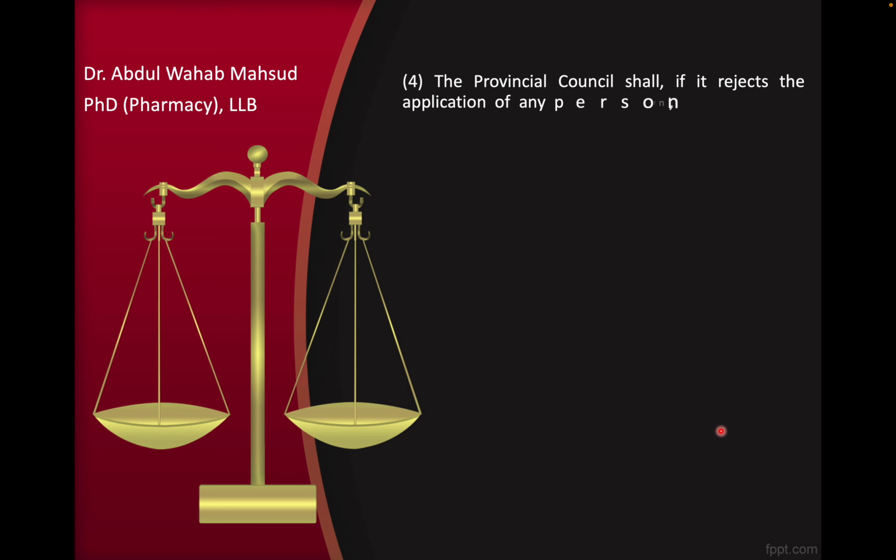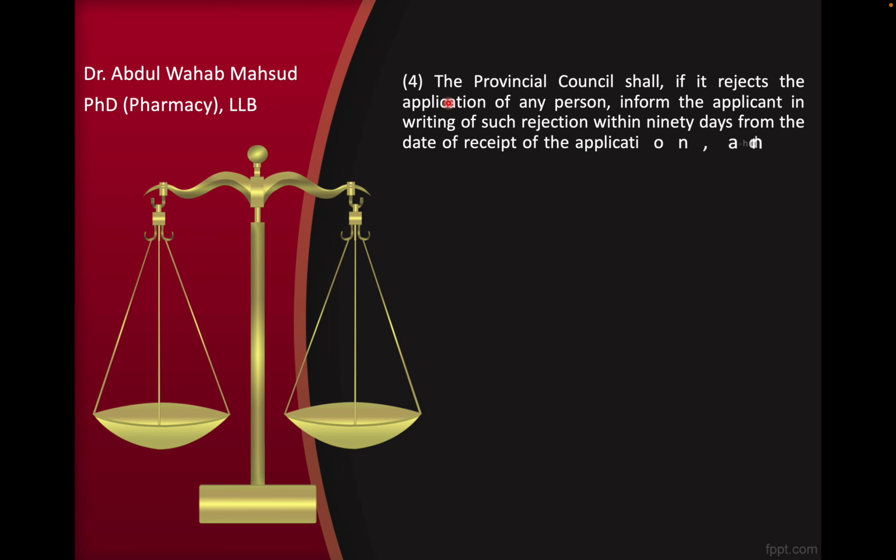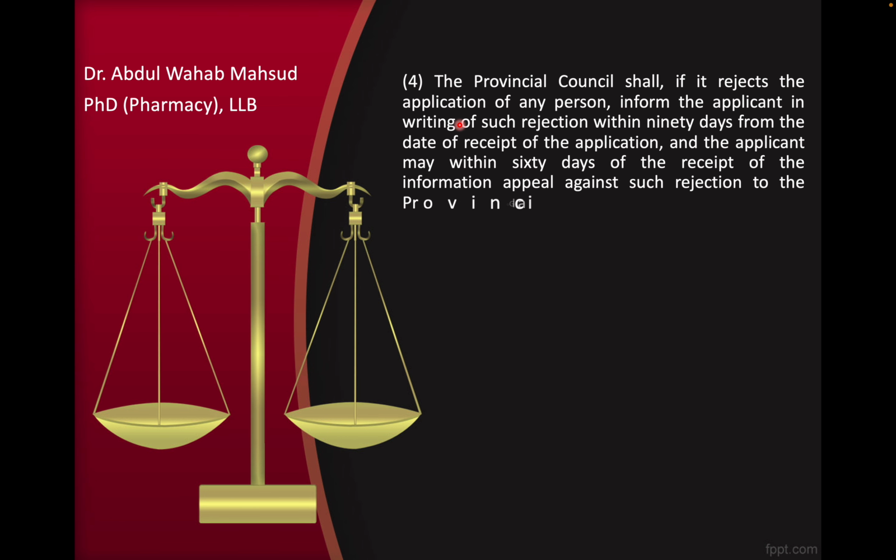Subsection number 4. The provincial council shall, if it rejects the application of any person, inform the applicant in writing of such rejection within 90 days from the date of receipt of the application, and the applicant may within 60 days of the receipt of the information appeal against such rejection to the provincial government, whose decision thereon shall be final.